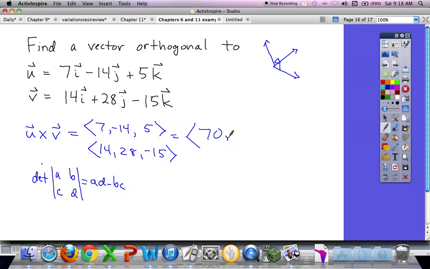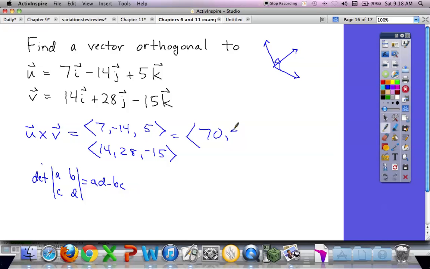Okay, to find the second component, I'm going to cover up these two, and then I'm going to do the same determinant operation that I just did. 7 times -15 minus 5 times 14. The only thing is for the middle component, there is a minus in front of it.